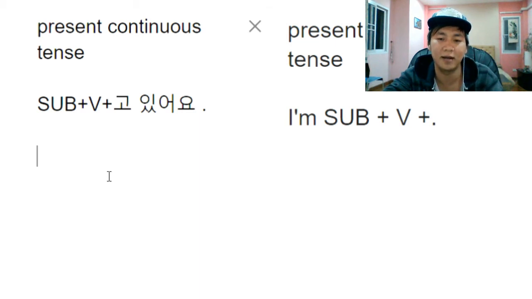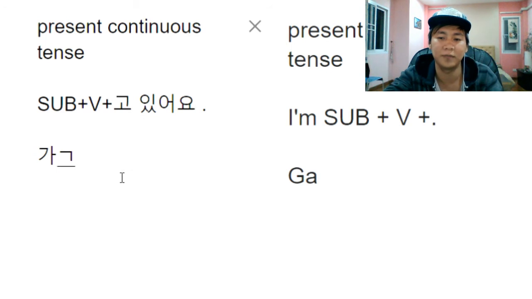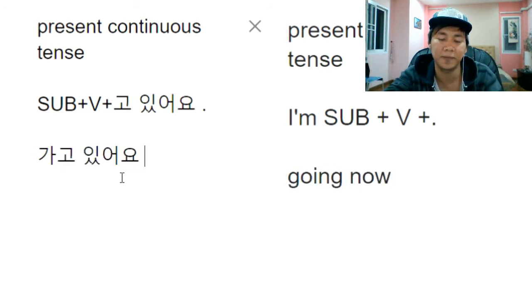가다. To go. Remove 다. Okay. And then add 고 있어요. 가고 있어요. I am going. Where?